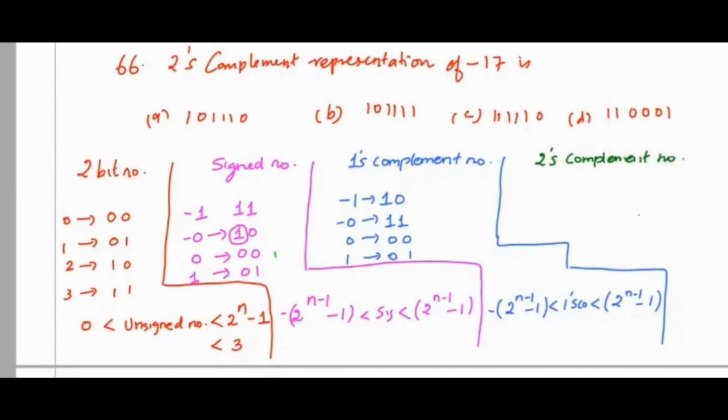Okay. And the fourth representation is 2's complement representation. You can see 00 and 01 are always represented as 0 and 1, while 10 and 11 are different from the signed number and 1's complement number.